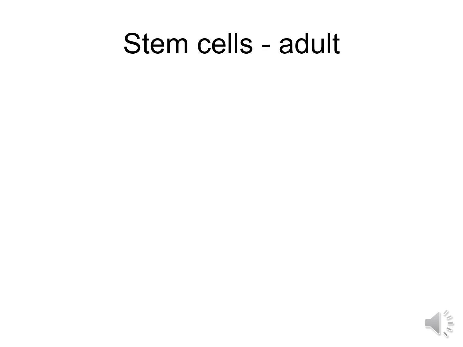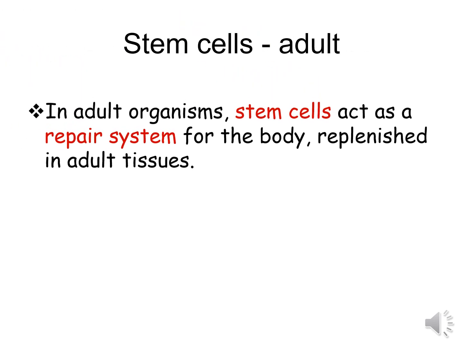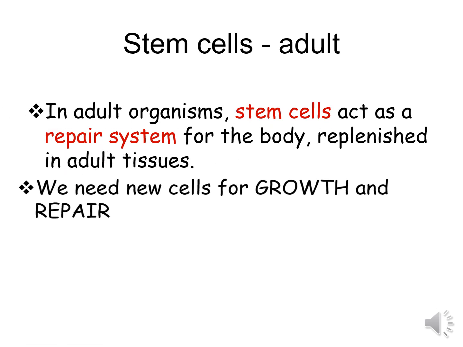Now, adult stem cells are found in certain parts of your body, and they are really for growth and repair. So, for example, the stem cells in your skin will become more skin cells, and stem cells in your bone marrow will differentiate into more blood cells, like red blood cells, white blood cells.